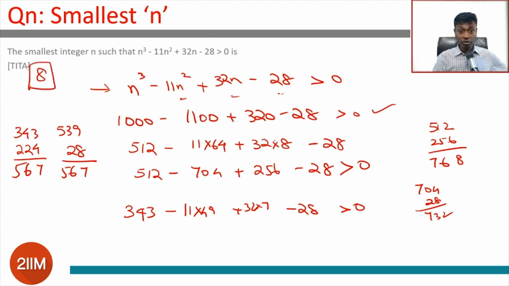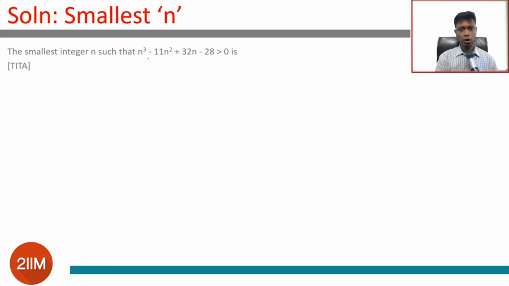The other way of thinking about it is substituting small values and seeing if we can factorize it. So p of x divided by x minus a, the remainder is 0. So we can look to factorize this if we can manage to find a factor. So we have n cube minus 11n square plus 32n minus 28. If you put n equal to 1, 1 minus 11 plus 32 minus 28.